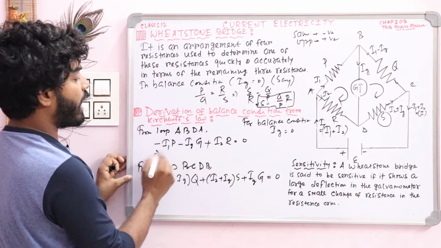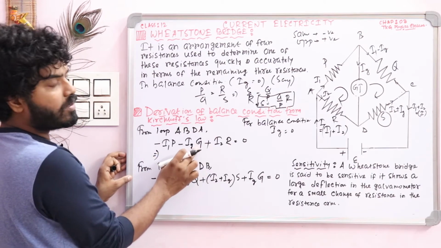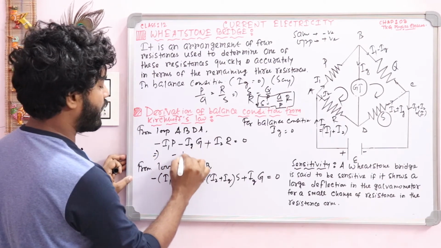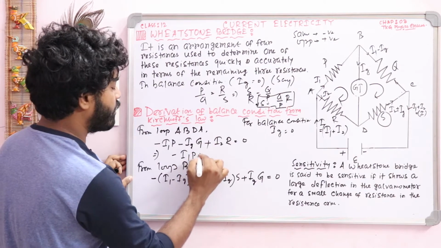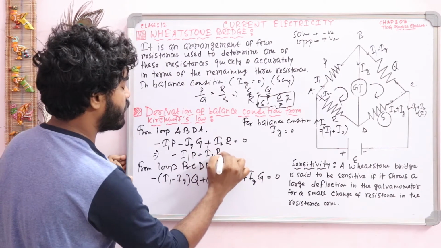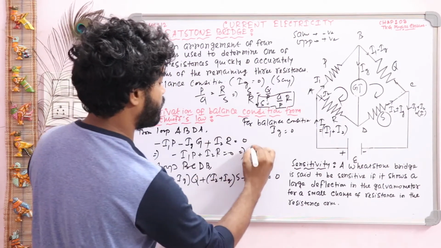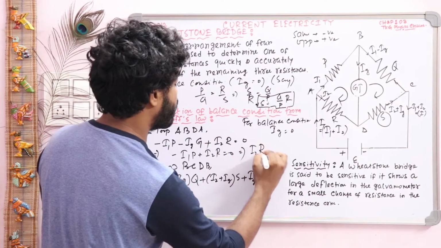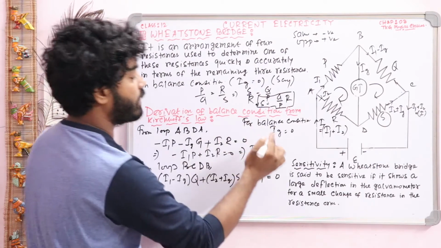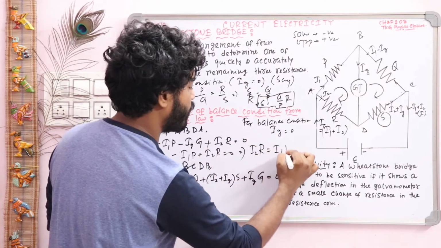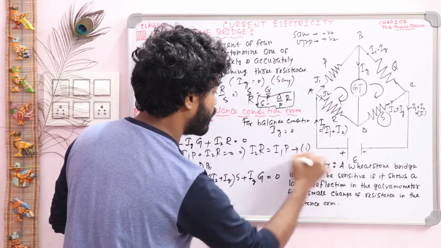Here Ig is 0, so from here you can write minus I1P plus I2R equal to 0. So we can write I2R equal to plus I1P. Suppose this is our equation 1.